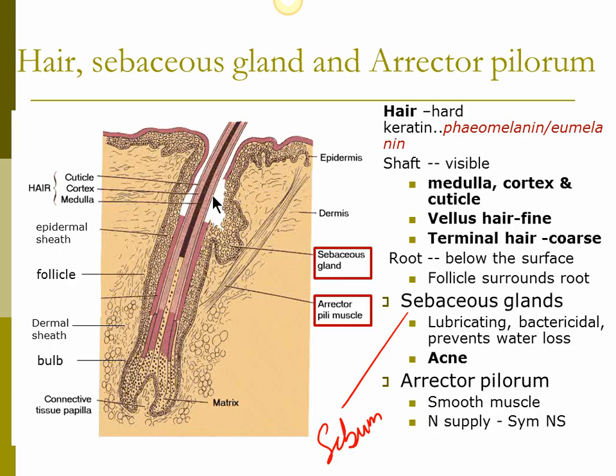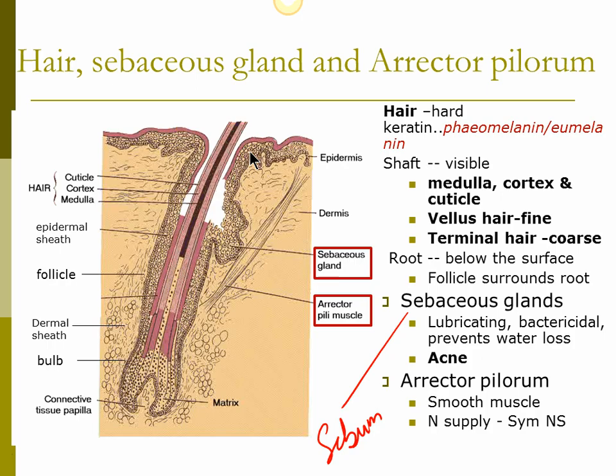These sebaceous glands also, the sebum is also bactericidal. It prevents the growth of bacteria. So it has a substance in it which will prevent that. Because of the film of oil that it produces, that oil also goes on the surface and lines the surface of the skin. So it prevents water loss.